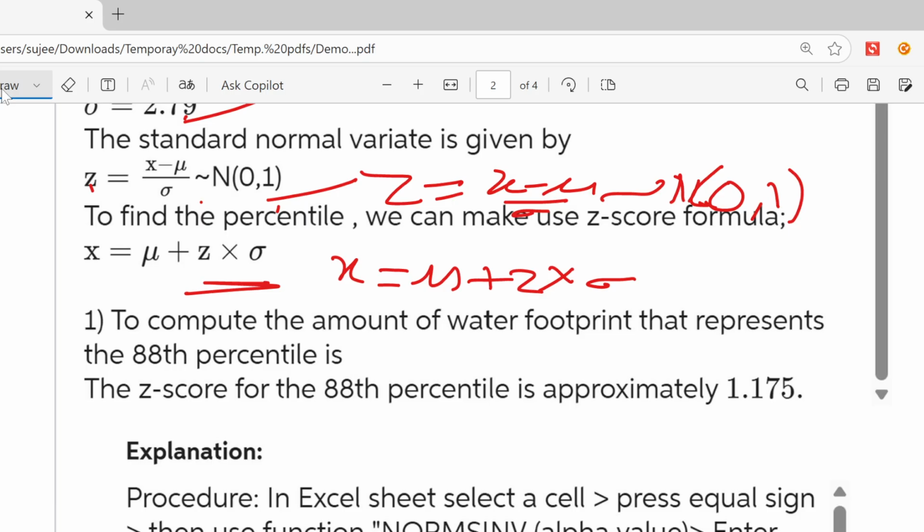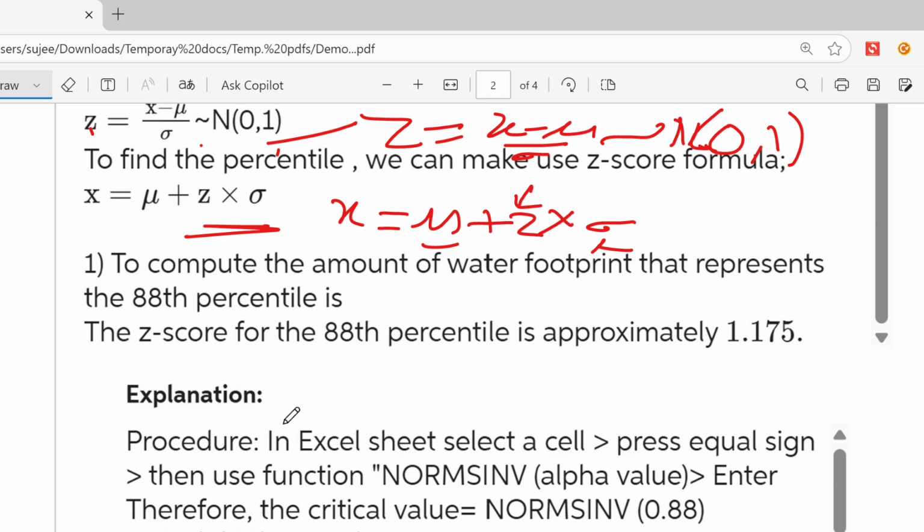Here the values of mu and sigma are already given. The one unknown constant is z, the Z-score. So first of all, we will compute the Z-score corresponding to the given percentile.